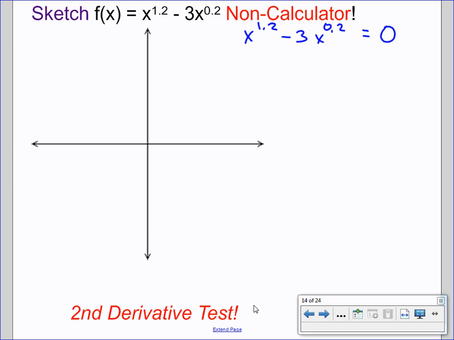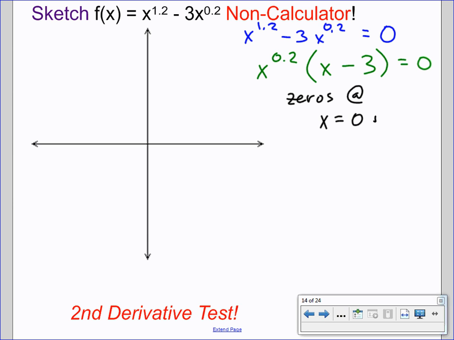I can take out an x to the 0.2. And that would leave me with x to the first minus 3. So I must have zeros then at x equals 0 and x equals 3.